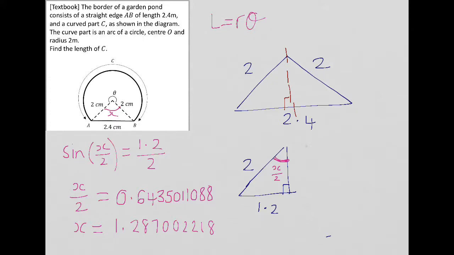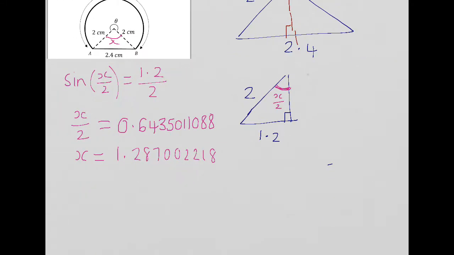So now going on, we can work out what theta is, because that's obviously going to be 2 pi, because 2 pi, remember, is that full rotation of a circle, subtract our value of x, and this will be our angle theta.